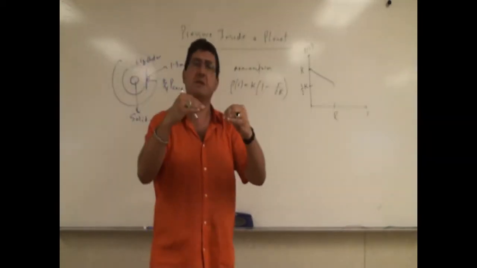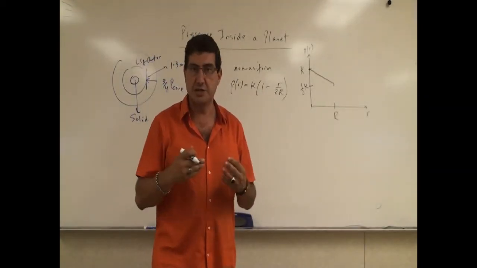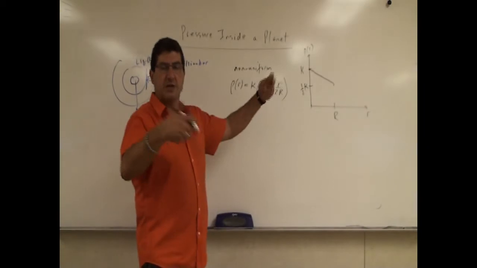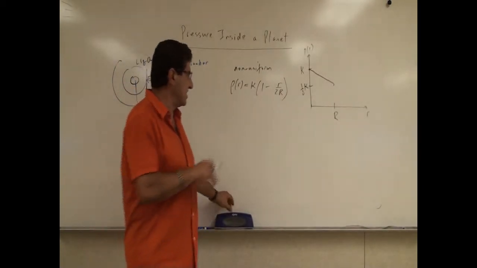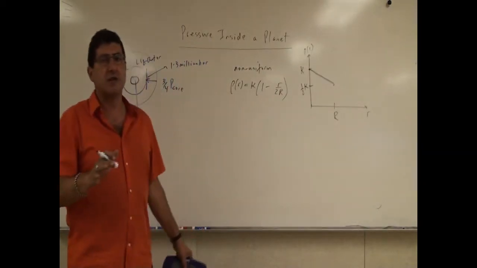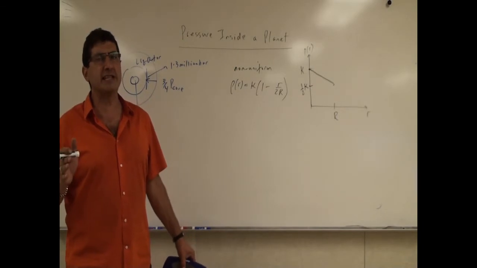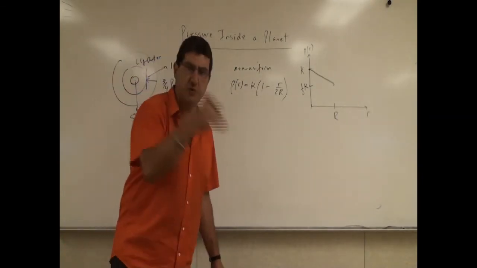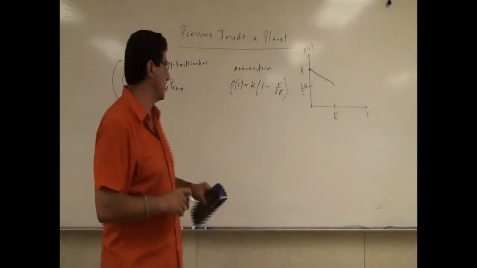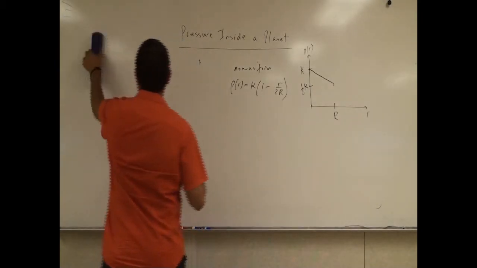If the density is decreasing linearly, then we can do this problem and see what answer we get. This is a little bit more realistic for planets because usually planets' densities decrease as you go outward, right? So then how would we do the pressure equation?